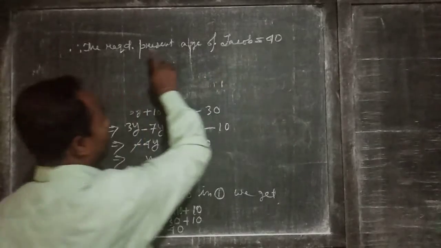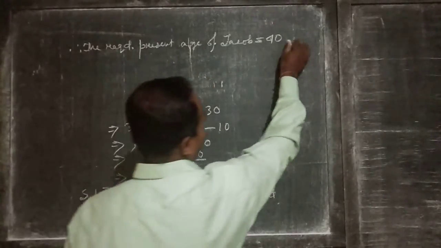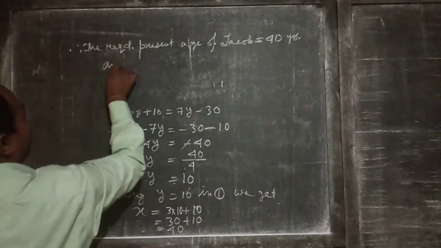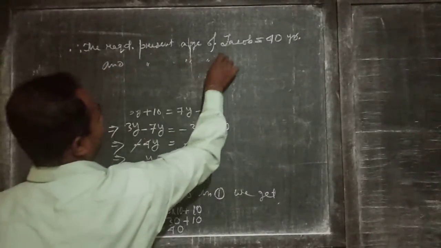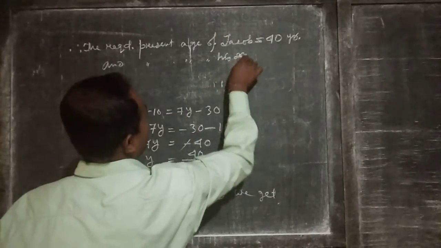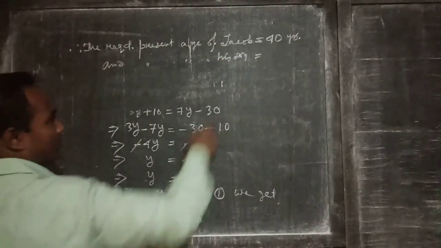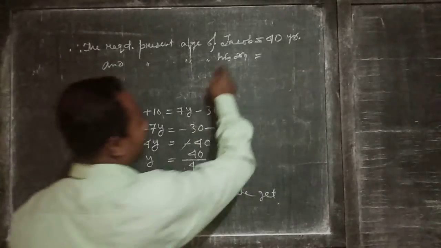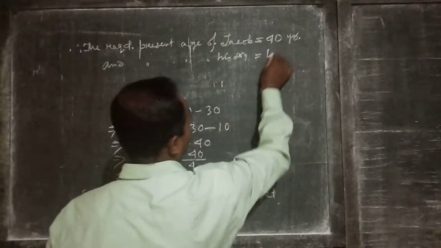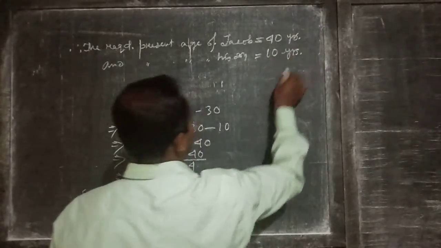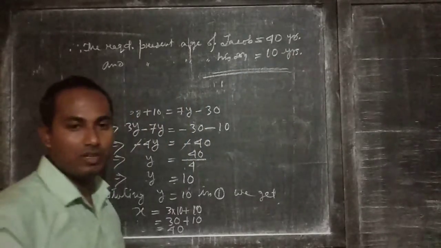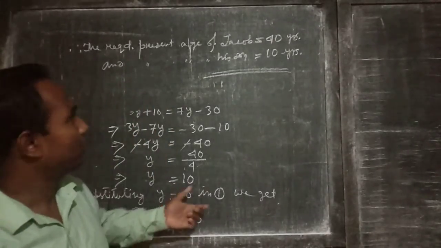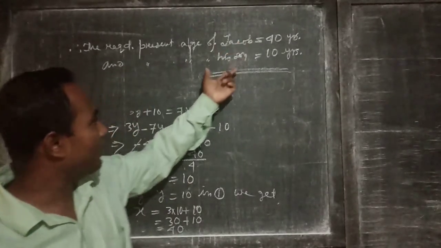And the present age of his son is equal to 10 years, because the value of y is 10. Now, using the substitution method, we have got the present ages of Jacob and his son.